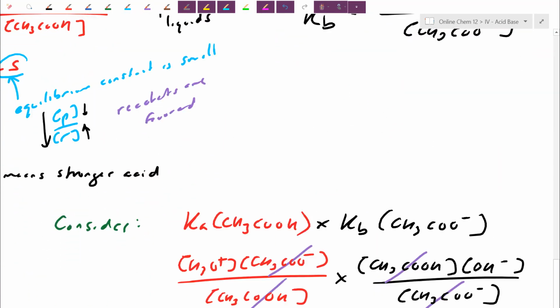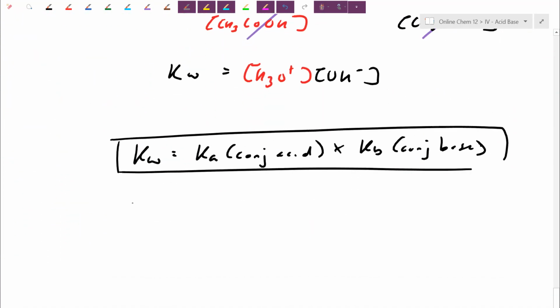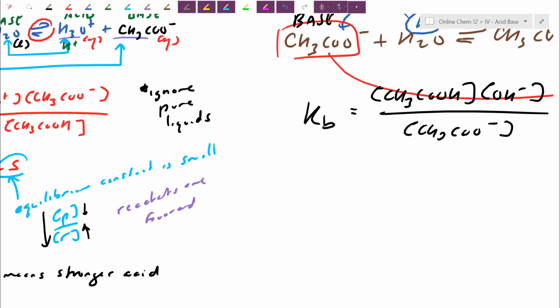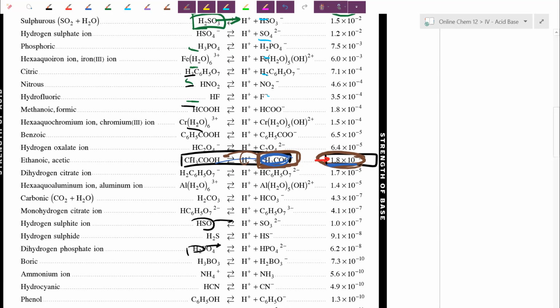So let's actually try finding it. What if I was interested in the Kb of acetate? I'm going to take Kw divided by the Ka of my partner, acetic acid. So I take 1.0 times 10 to the negative 14. The Ka value was listed on the table, 1.8 times 10 to the negative 5. That was the Ka going in the forward direction, my acid coming forward.